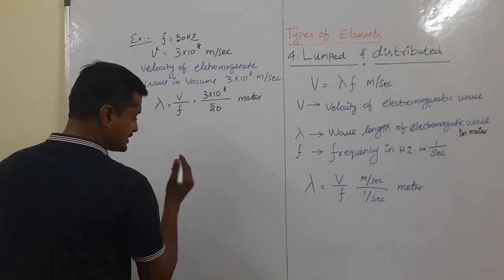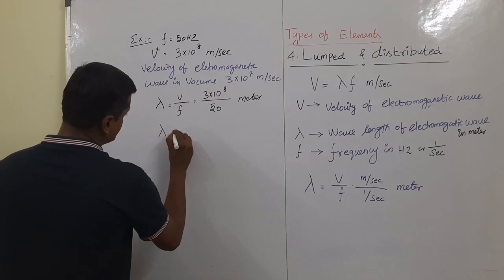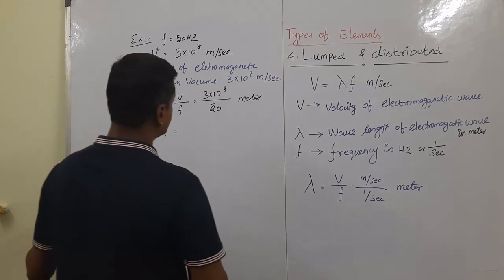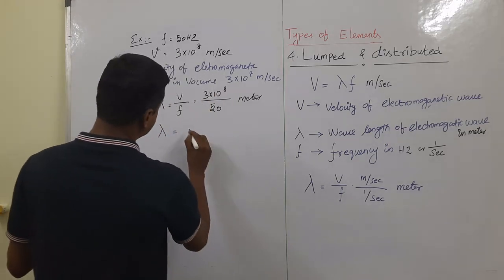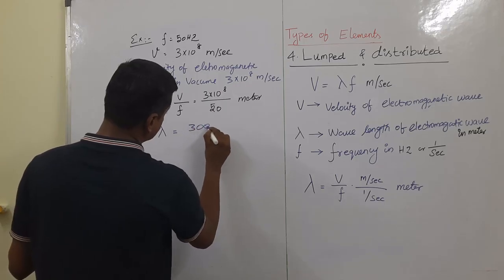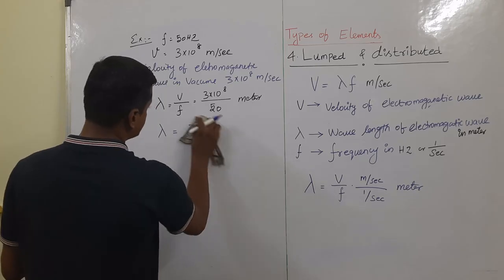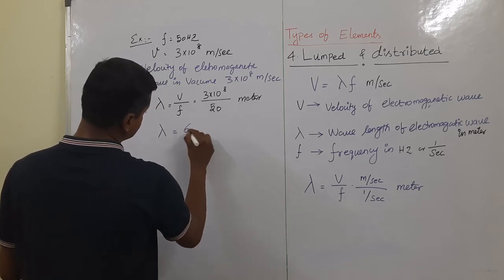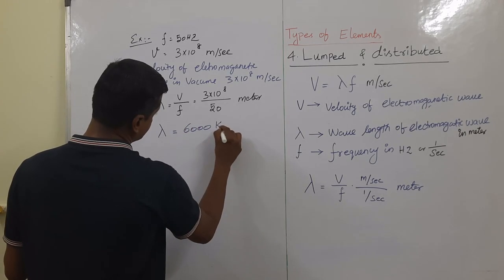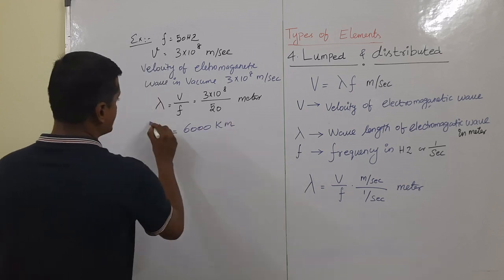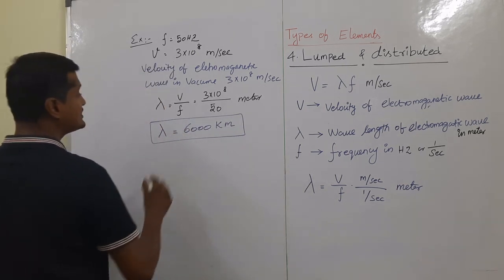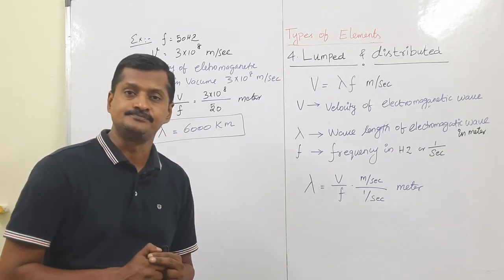So now solve, you will get lambda, that is equal to 3 into 10 power 8 divided by 50, so the value of lambda is 6,000 kilometer.